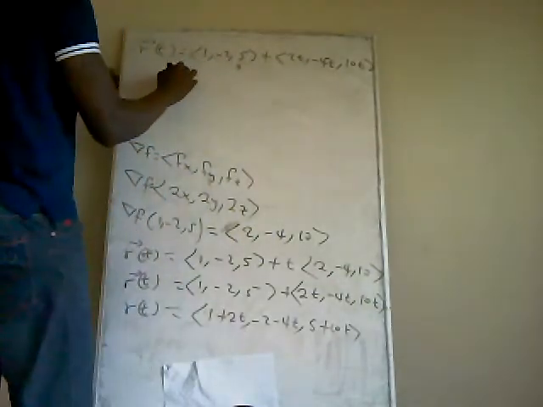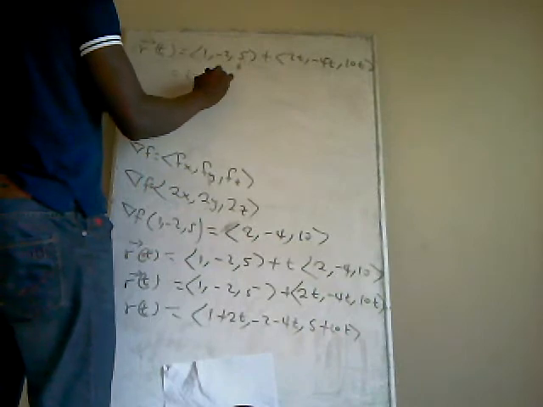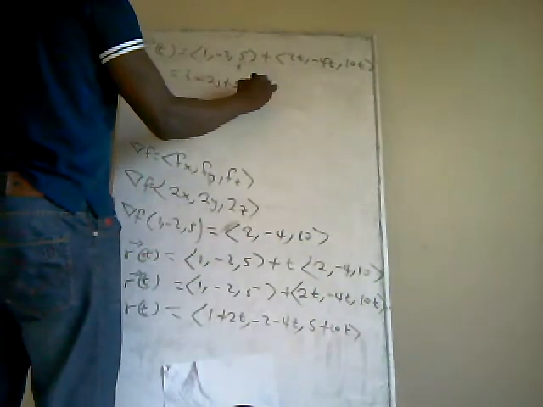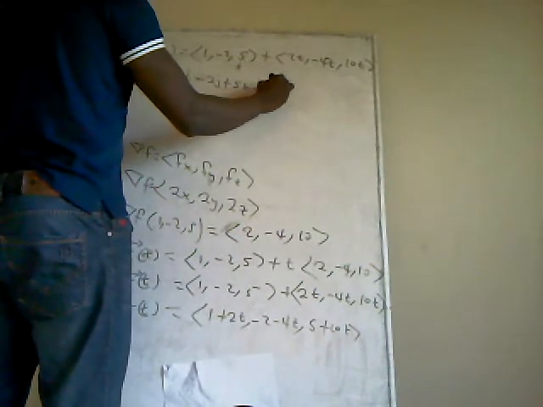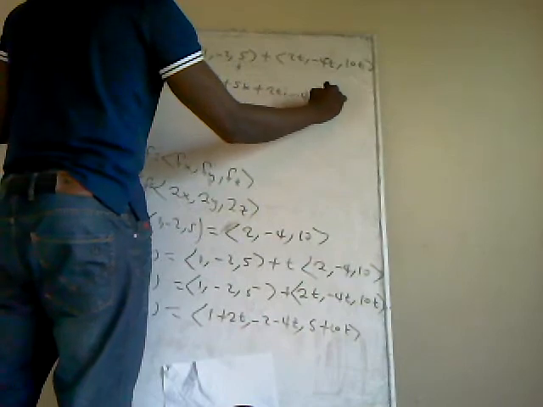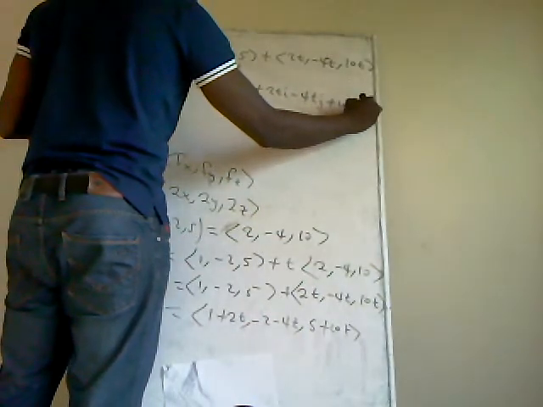This could be written as i minus 2j plus 5k plus 2t i minus 4t j plus 10t k.